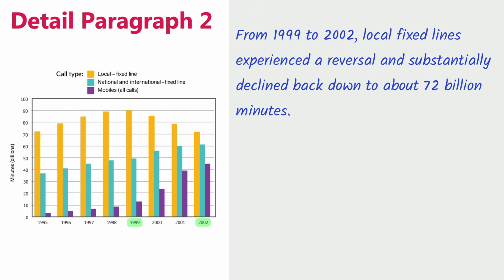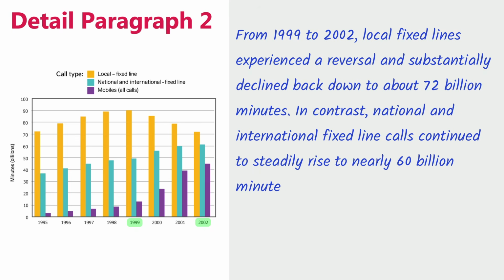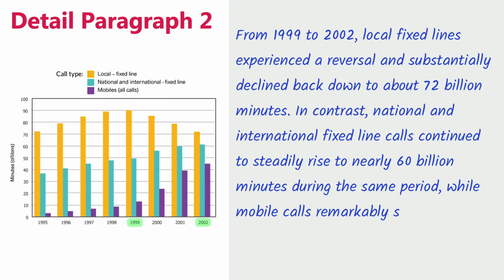Now, for national and international fixed line, because it is completely different, I can write in contrast. In contrast, national and international fixed line calls continued to steadily rise to nearly 6 billion minutes during the same period, while mobile calls remarkably surged to about 45 billion minutes.